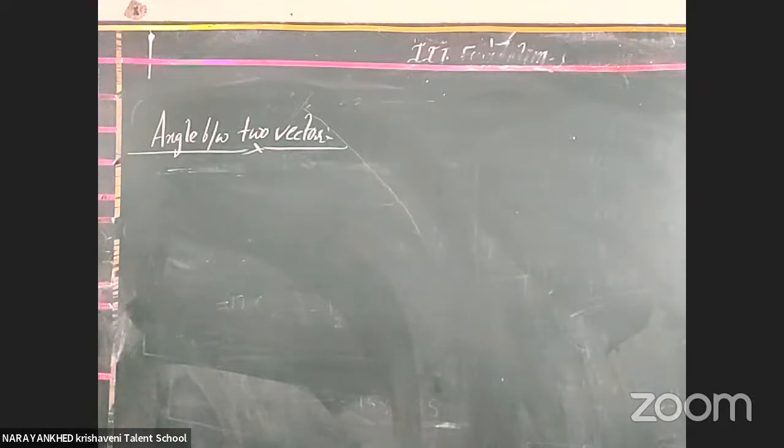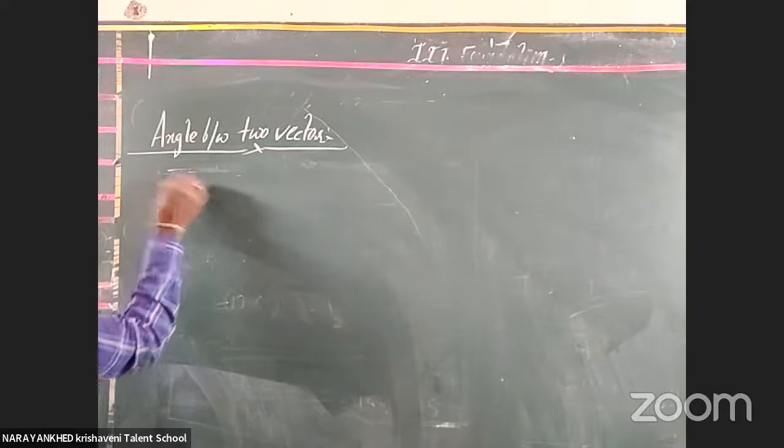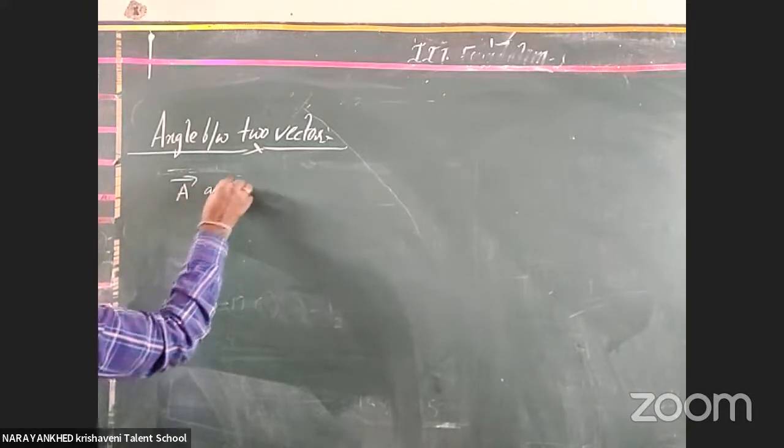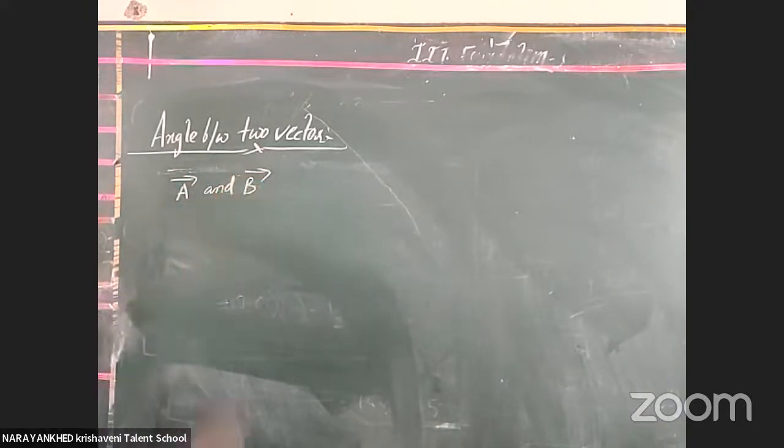Angle between two vectors. Here there are two vectors: one is the A bar vector and the other is the B bar vector. How do we find the angle between these two vectors?